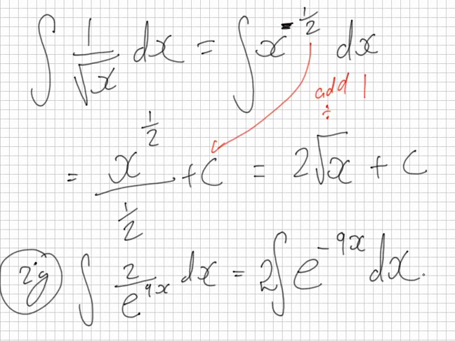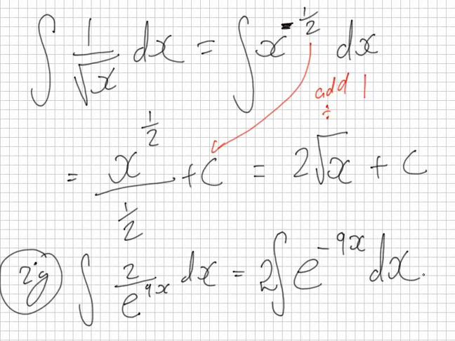Now, I should say something at this point, actually. It's good if you think of this here and this here a little like open bracket and close bracket. What I mean by that is that this 2 here can be taken out in the front, just like you could take something out of a bracket.